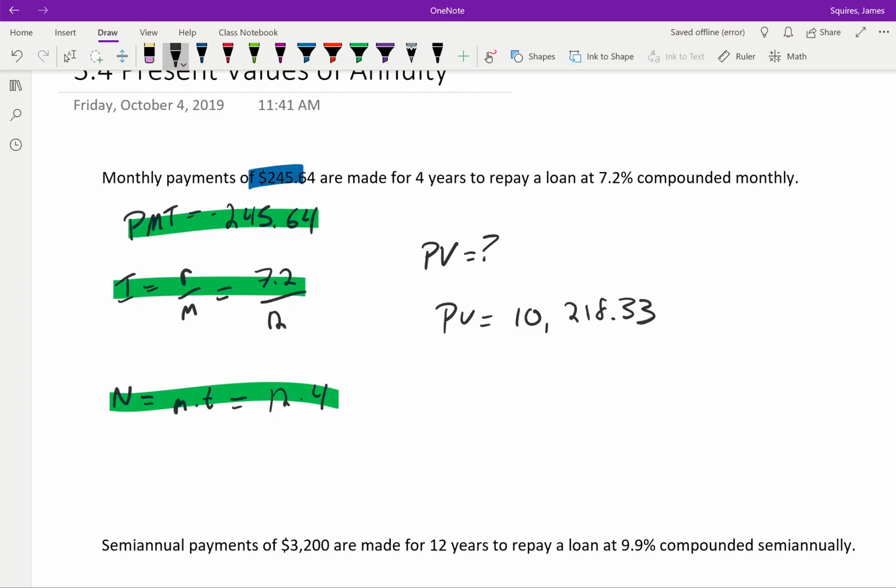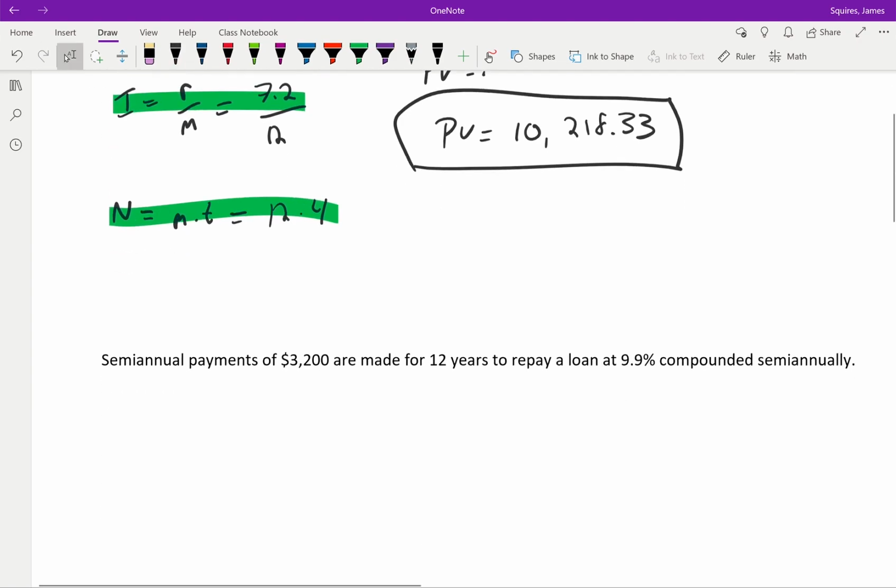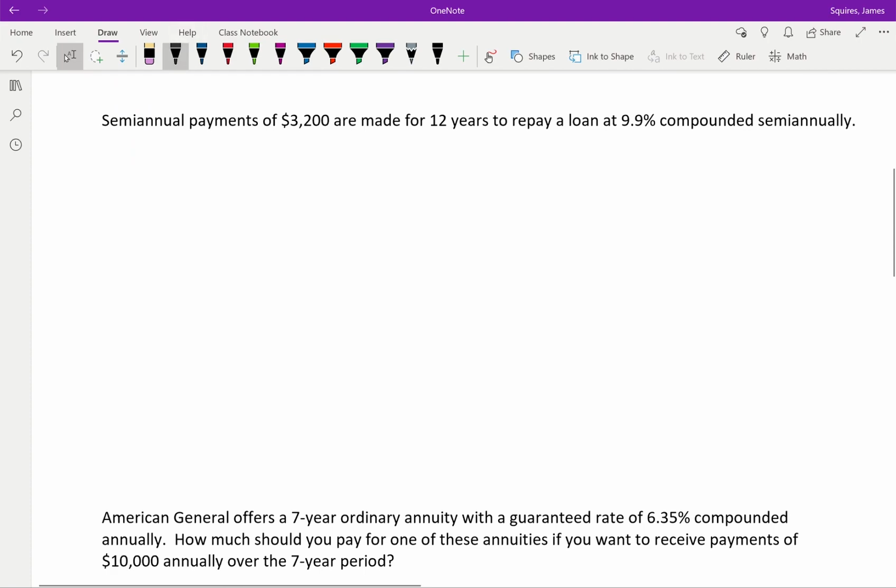So if we wanted to take out a loan for $10,218.33, at an interest rate of 7.2% compounded monthly over the course of 4 years, our monthly payment is going to be $245.64.